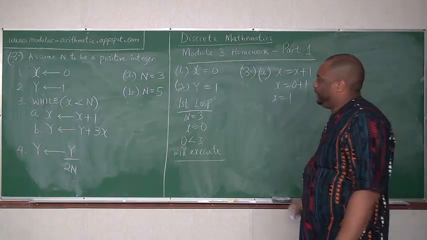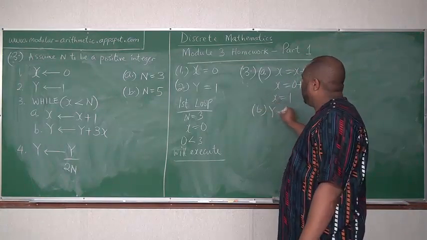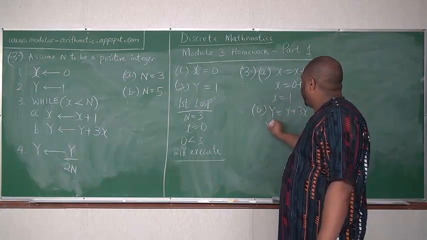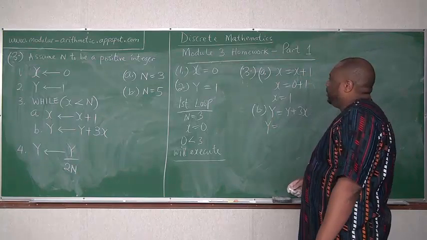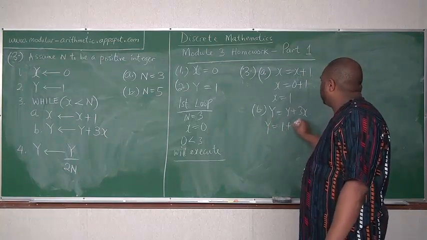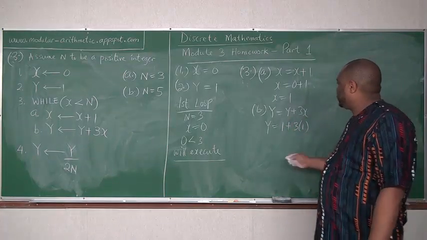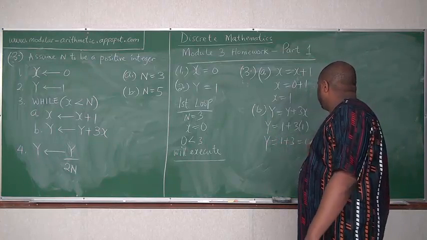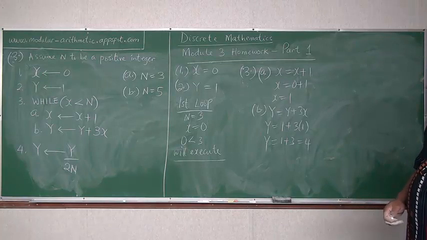And then 3b, y is y plus 3x. So y is 1 plus 3 times 1. So y will be 1 plus 3, which is 4. Y will be 4. Okay?